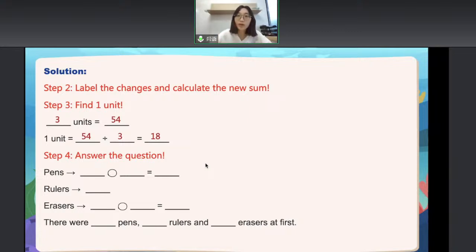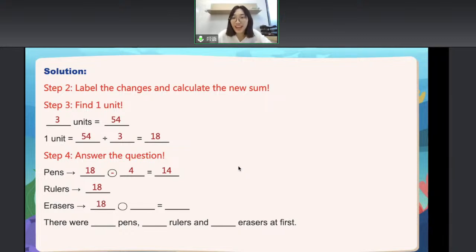To figure out the number of each stationery, we need to follow the model. For pens, it should be 18, then minus 4, right? Because after you add 4 pens, you will get 18. So what about originally? It should be 18 minus 4 equals to 14. And what about the rulers? The number of rulers doesn't change, so it is still 18. What about erasers?